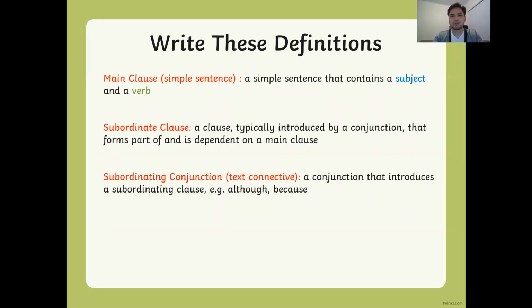So you've got the main clause, the simple sentence, then you've got the subordinate clause, which adds a little bit more information. And finally, the third word is a subordinating conjunction, or in other words, text connective. It's a conjunction that introduces the subordinate clause. So it's pretty much the first word of the subordinate clause. So words like although, because, we're going to look at that on the next page.